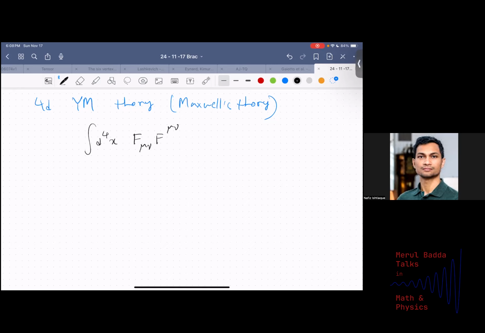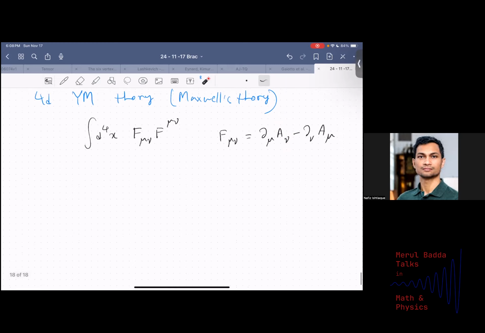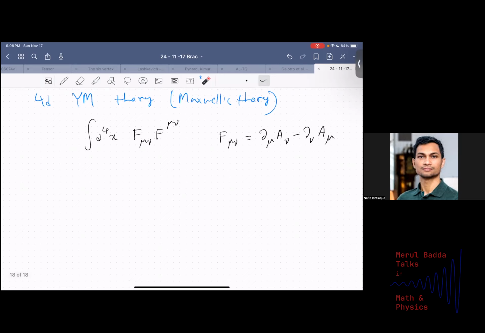Okay. And just to be sure, this F_{μν} looks something like this, where this is the vector potential, the four-dimensional gauge field. All right, let's consider this theory.